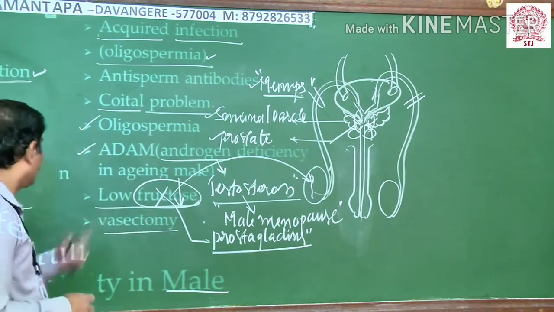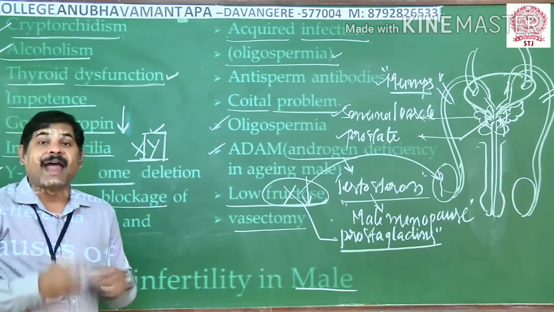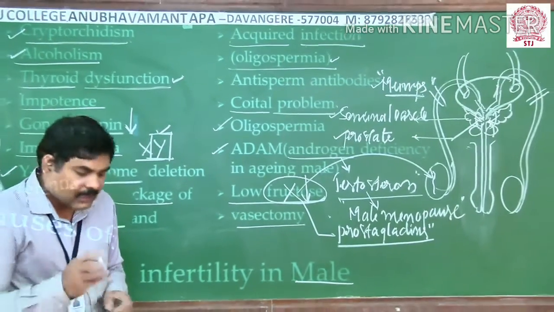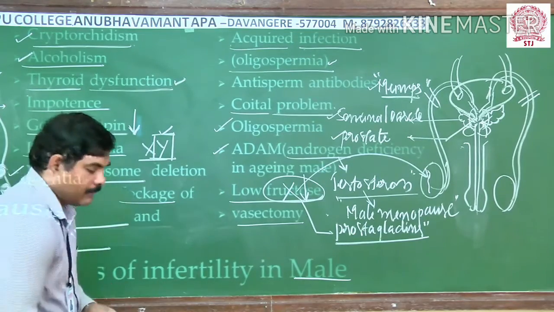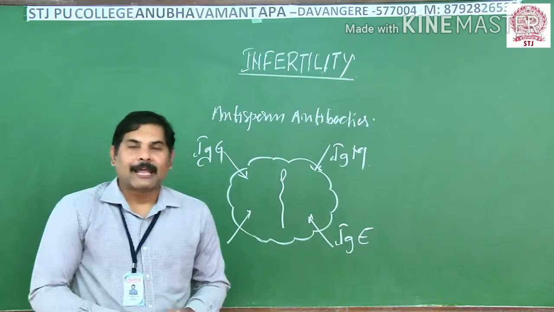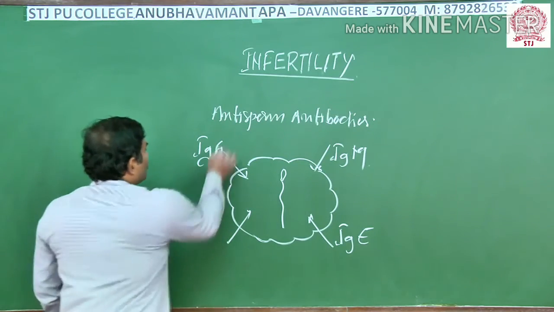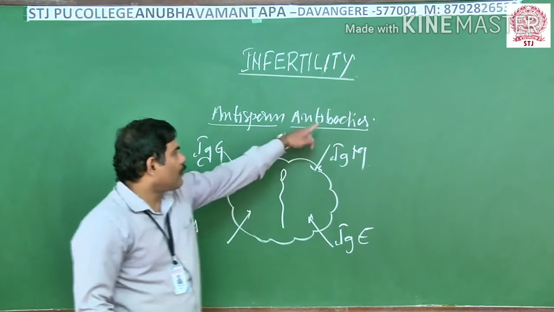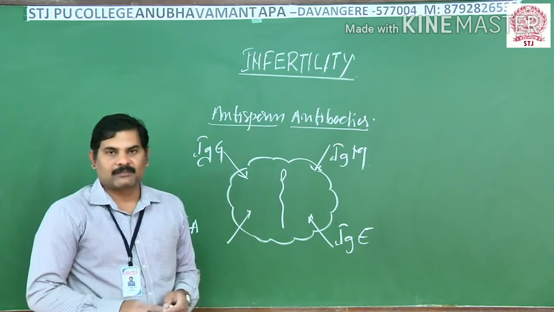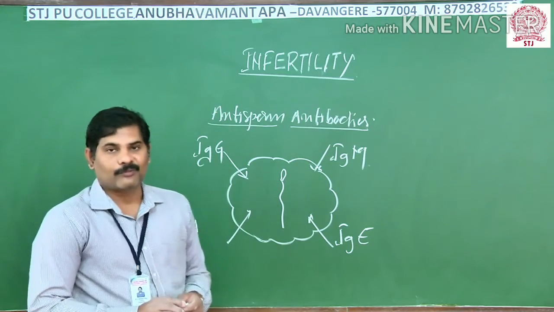Along with that, one more problem is the presence of anti-sperm antibodies. This is an important point that you need to note. Another cause for infertility in a male includes anti-sperm antibodies. You know, antibodies are proteins which fight against pathogens as well as antigens.